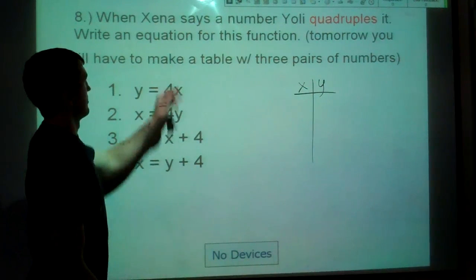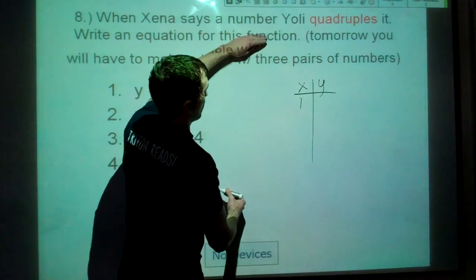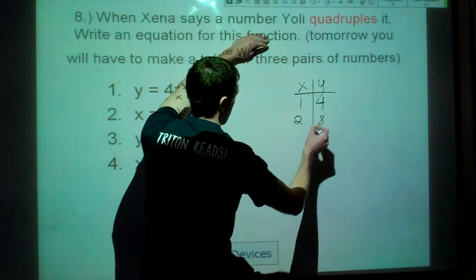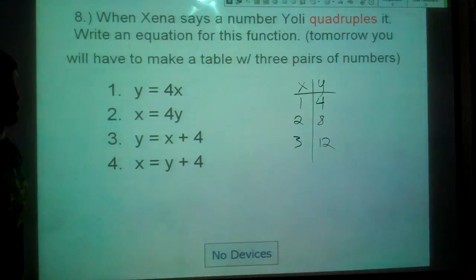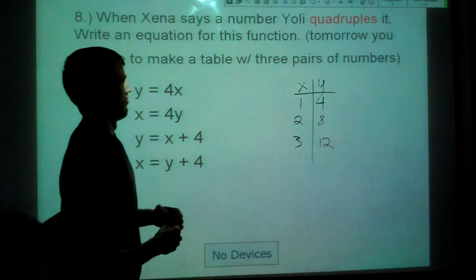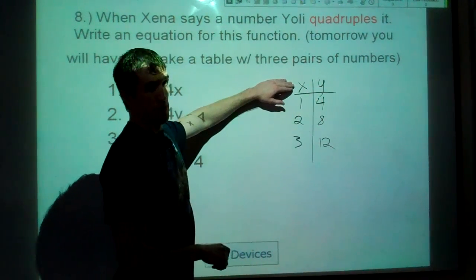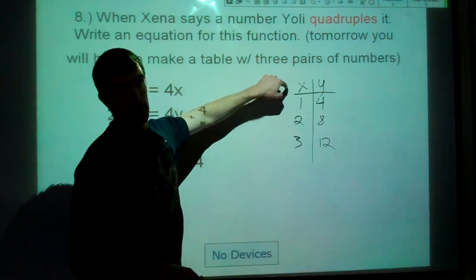But let's say that Zena says 1. Alright, then Yoli quadruples that number, so it's 4. If she says 2, Yoli will say 8. If she says 3, Yoli will say 12. It's being quadrupled, X is, okay? So we need to come up with the equation for that. And what we have to do is, the output depends on what the input is, okay? So Yoli's number depends on whatever Zena says.